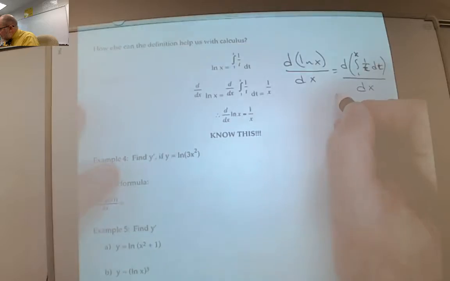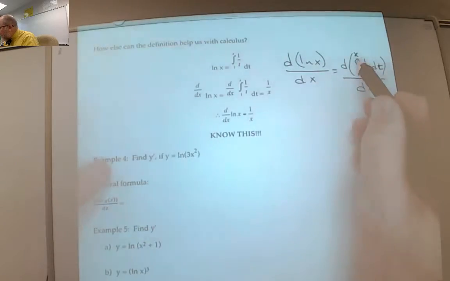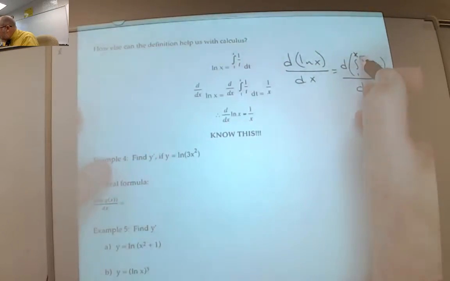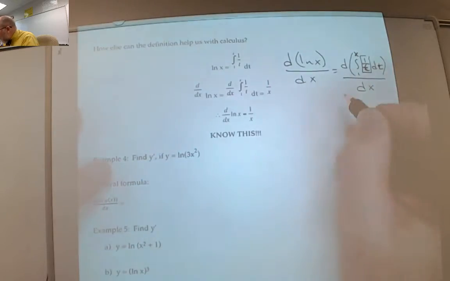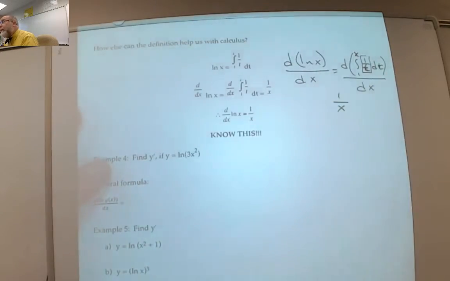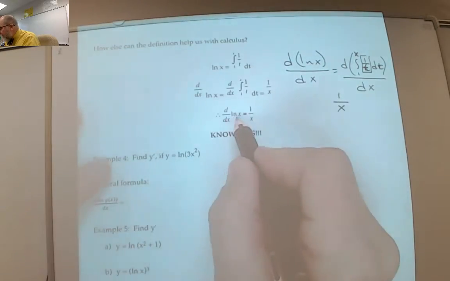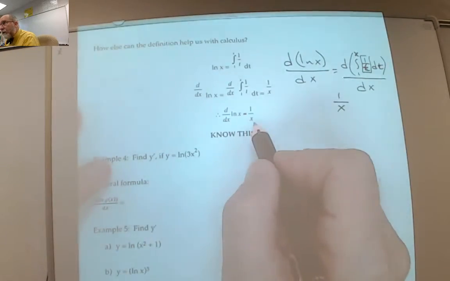Would it be b minus a replaces dx? Well, this derivative and this integration cancel each other out. I get this function, but t's not going to be in it. What's going to be? X would. Right. So my answer is 1 over x. So the derivative of the natural log is 1 over x.